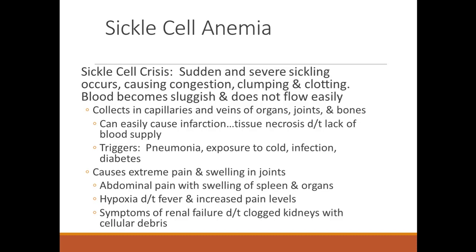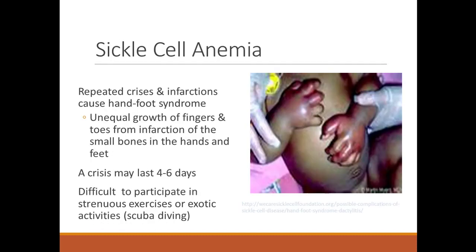They might also have renal failure symptoms because these cells that are normally flying through the vascular system are just clogging up, and they have to go through the kidneys to be filtered, and their kidneys are just becoming clotted or clogged up with the garbage. All right. Another complication with sickle cell anemia is this hand-foot syndrome.